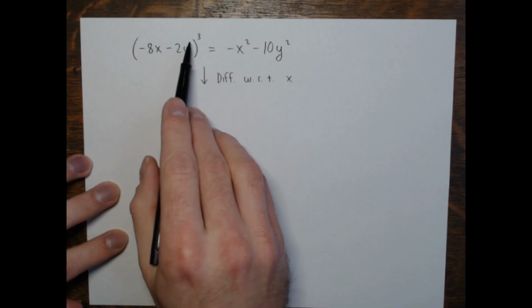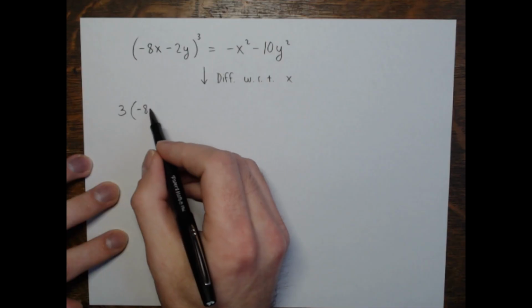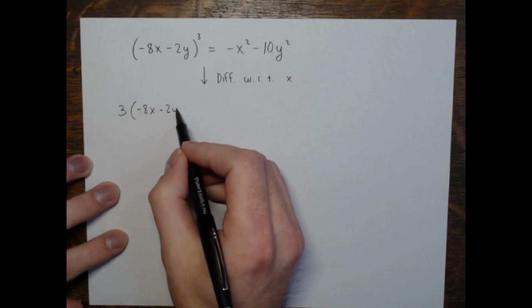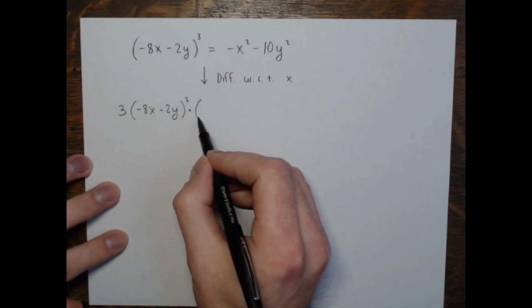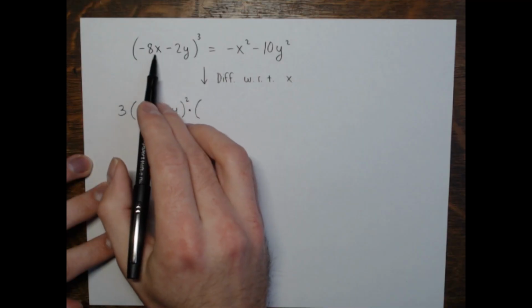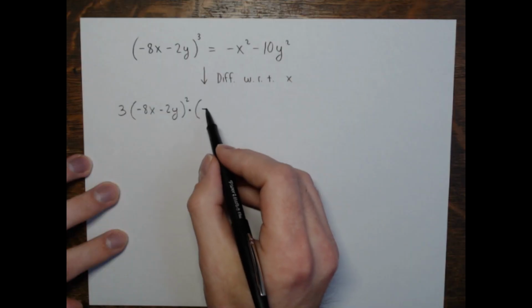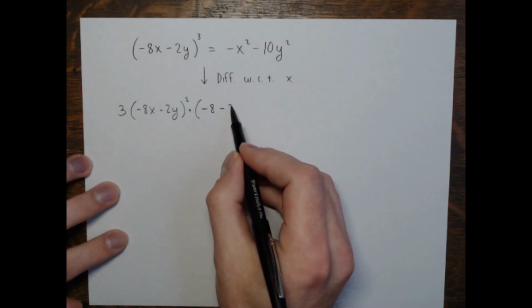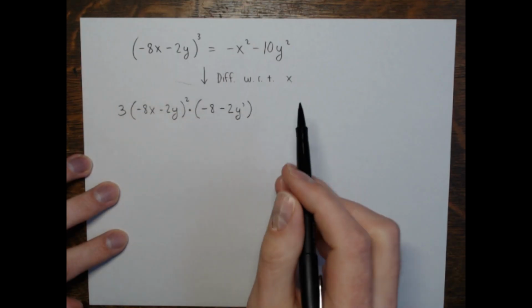So over here, it's just chain rule. It would be 3 times this quantity, -8x minus 2y, squared. But then afterwards, times the derivative of the expression inside, which would be -8 minus 2y prime. All right, so that's the left side.